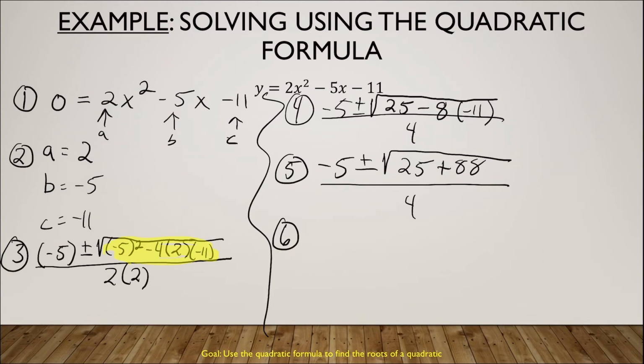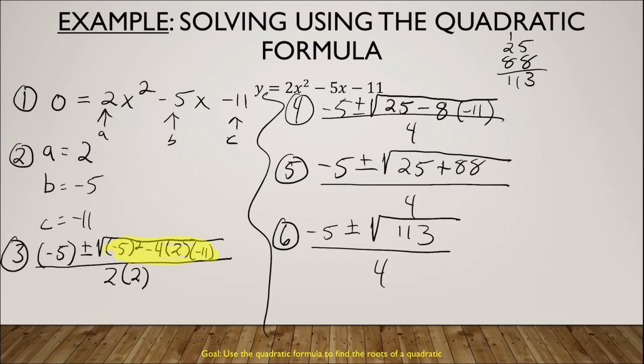We still need to add that 25 plus 88 underneath my radical. Negative 5 plus or minus, let's see, 25 plus 88. Let's do that real quick. We get 113 here, and we get the plus or minus the square root of 113 over 4.